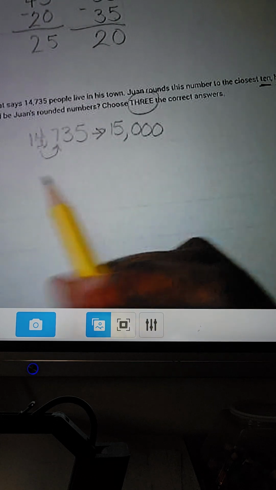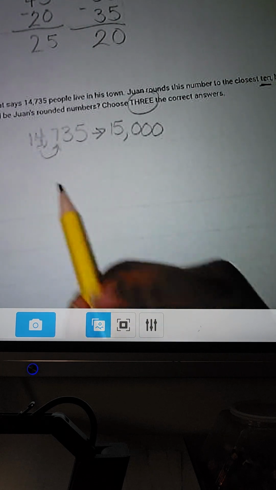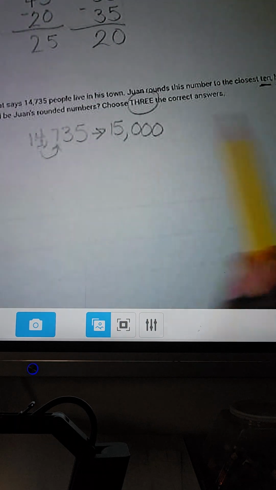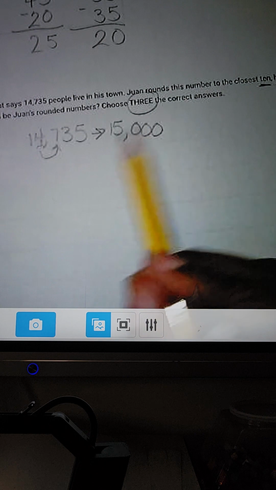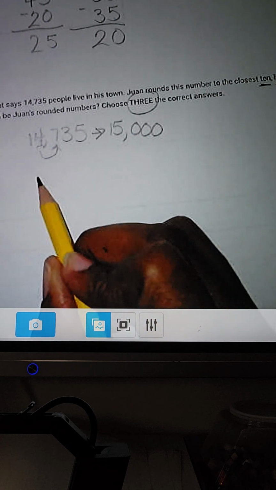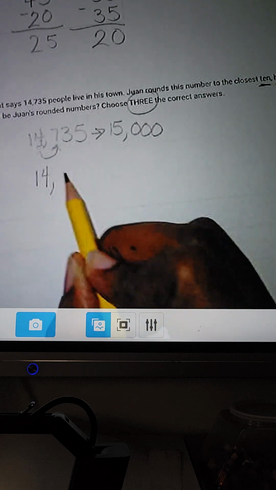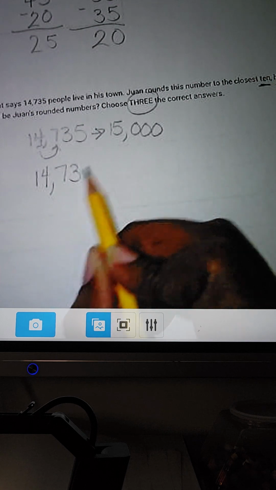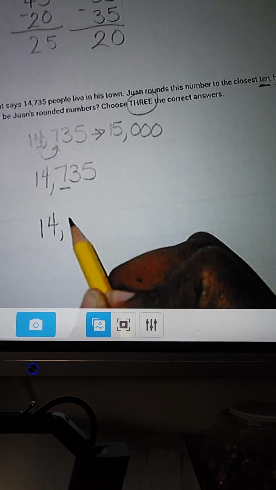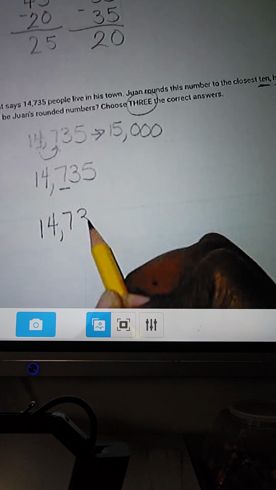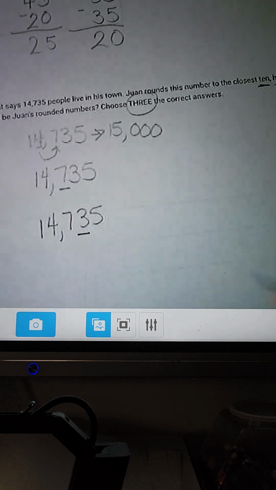Okay? All right, so the same number, let's just do it like this instead of going through each answer choice. Let's just round it to the nearest 1,000, to the nearest 100, and then the nearest 10, and see what we get, and then we can answer the question. I don't know why I didn't do it like that in the beginning.